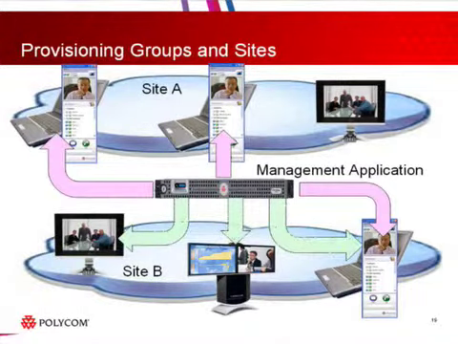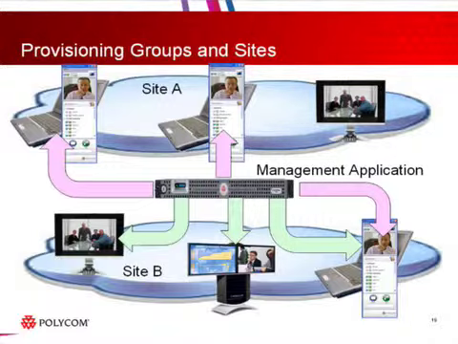Another interesting function that you have to support in a management application is the ability to configure groups and sites. The idea here is that every site has specific provisioning or a specific configuration that is different from everybody else. You may have some local gateways, a local directory server, a local outbound proxy for outgoing calls. This is specific to a particular site.